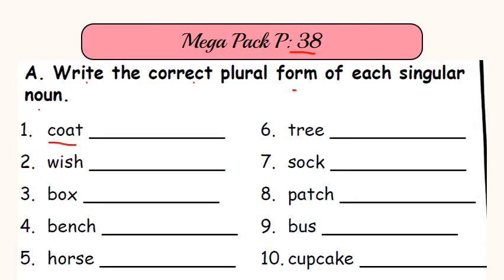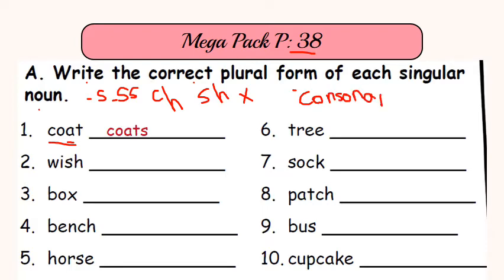Okay, so if you want, you can write the ending letters, if you remember, S, double S, CH, SH, or X. So you have the word coat, it doesn't end with any of these letters, so I just add an S. Oh sorry, also when you have a consonant plus y, we have to keep this in mind as well.